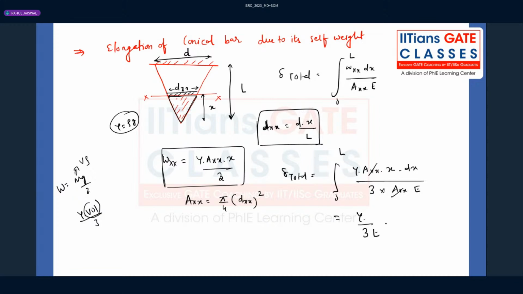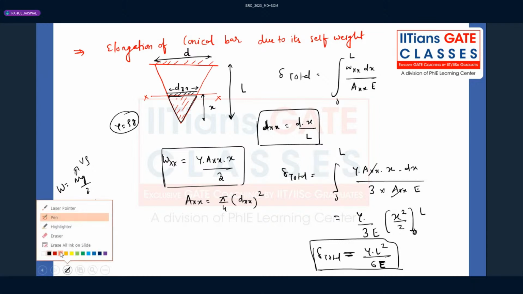Gamma divided by 3E, x square divided by 2 from 0 to L. So the total deformation you are getting is gamma into L square divided by 6E. Make a note of it. Very, very important: elongation of a conical bar.